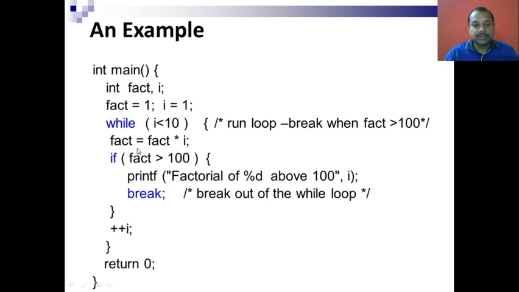Now the moment it encounters fact greater than 100 after the evaluation of fact, this condition will be true, and then it will print the factorial of I, this I is a variable here, is above 100.